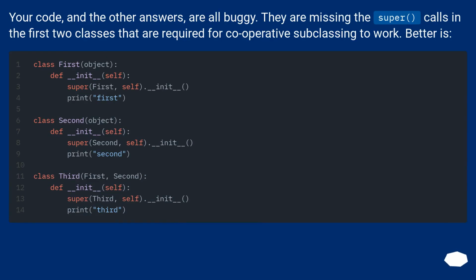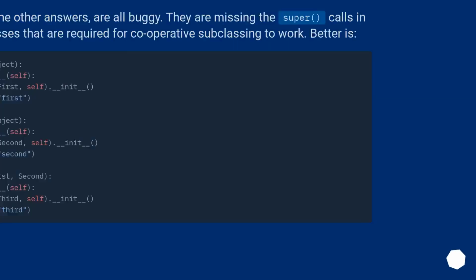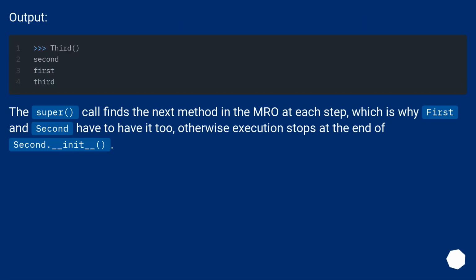Your code, and the other answers, are all buggy. They are missing the super calls in the first 2 classes that are required for cooperative subclassing to work. Better is this, with its output.